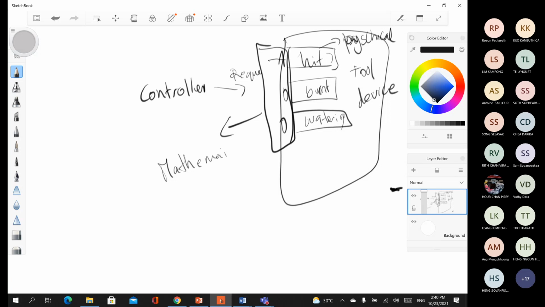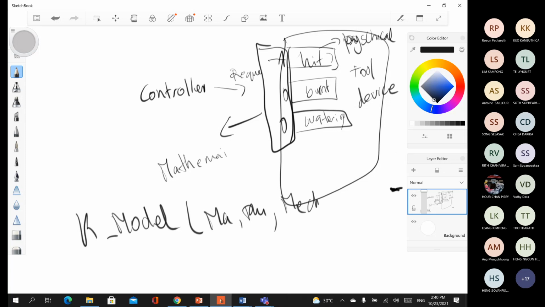So for example, if my name is K, I put the name of the model as K model. My proposal is the combination of mathematics, physics, and mechanical. I represent this as a mechanical model. So this is my proposed solution.